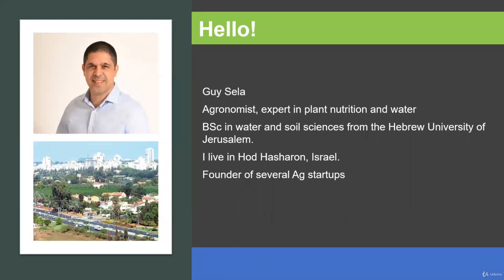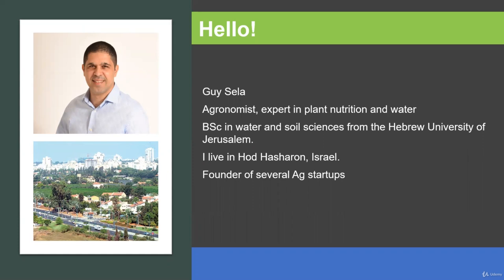Let me give you a few words about myself. This is me. I'm an agronomist in my profession. My expertise is plant nutrition and water, irrigation and water treatment. I hold a BSc in water and soil sciences from the Hebrew University of Jerusalem. I live in Hod HaSharon in Israel.